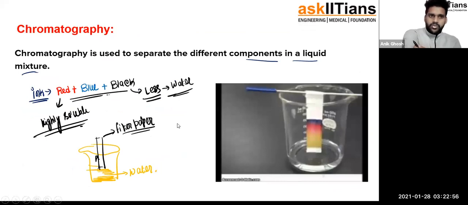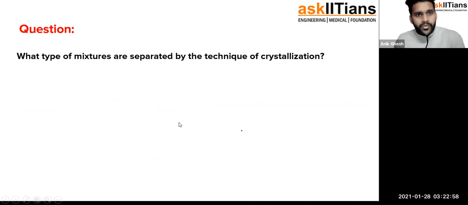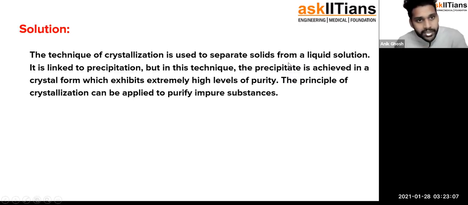So let's go to the questions, the FAQs. What type of mixtures are separated by the technique of crystallization? The technique of crystallization is used to separate a solid from a liquid solution. It is linked to precipitation.